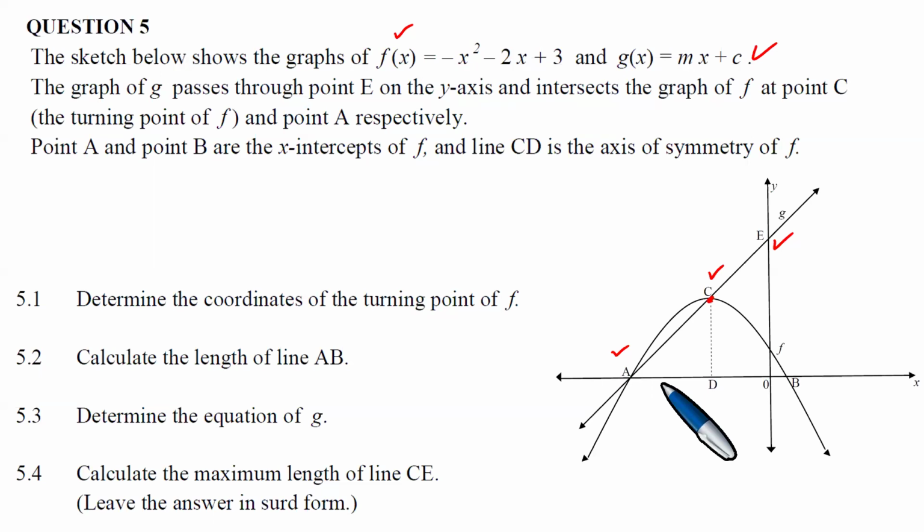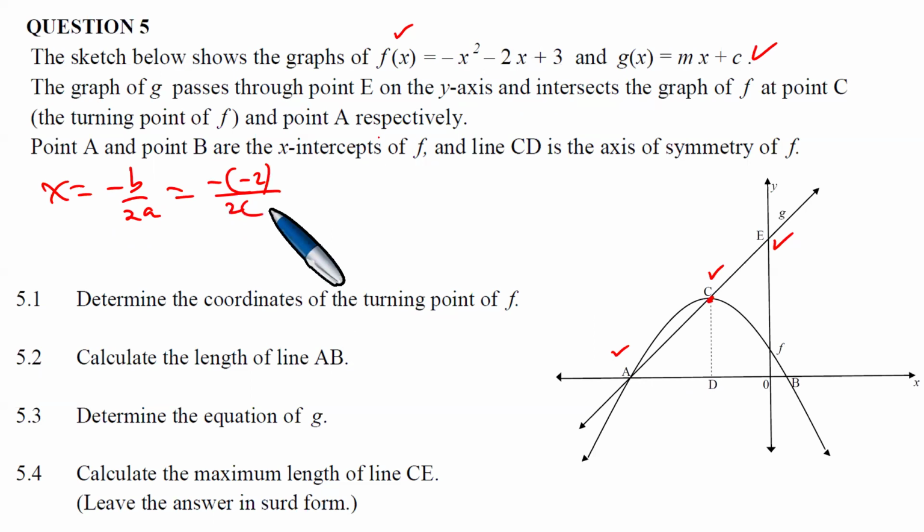So obviously you want to find the turning point, and it is obtained by using the formula minus b over twice a. The b here is minus 2, so minus minus 2 over twice a. A is minus 1, which gives 2 over minus 2, which is minus 1.